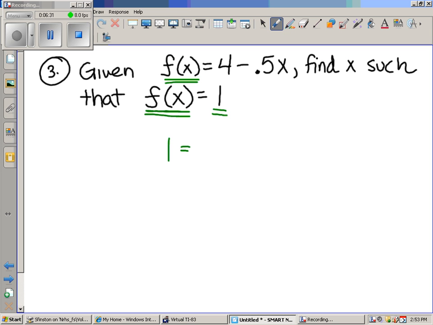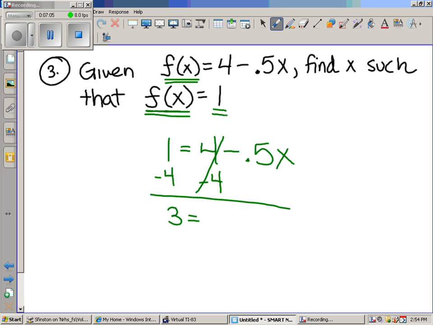So we say 1 equals 4 minus 0.5x. Do you see that? That's okay. Do me a favor, just walk through it with me this once, and then I'll show you what the other version looks like. What do you do first? How do you solve for x? Yeah, very nice. We're going to subtract 4 from each side. You get 3 equals negative 0.5x.